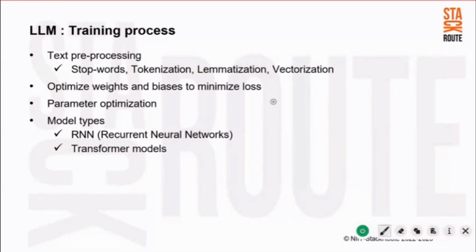But there is another word called lemma. Lemmatization means that you want to bring a word into its root form. For example, I have a word called programmer, then I have a word called programs, then I have a word called programming.